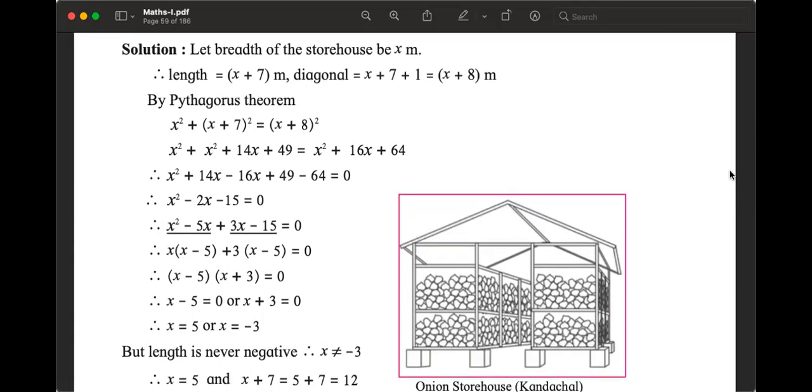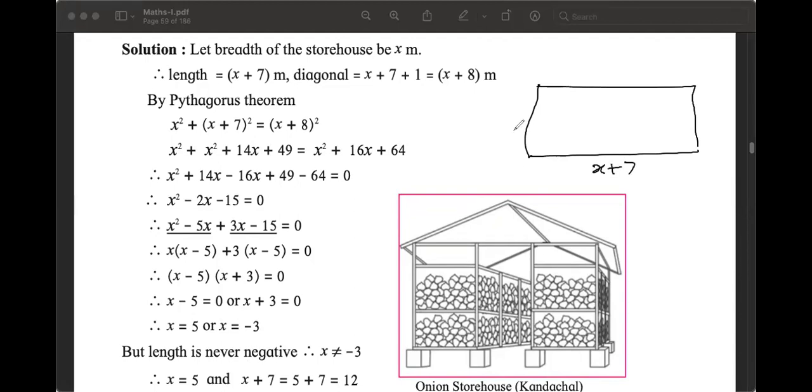So to explain quickly what is happening here. Imagine the floor of the rectangular storehouse. We are saying the length is x plus 7, the breadth is x, and the diagonal is x plus 8.